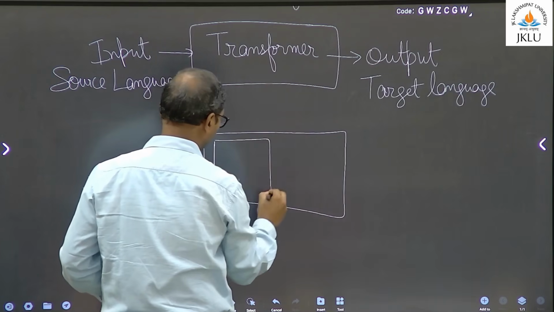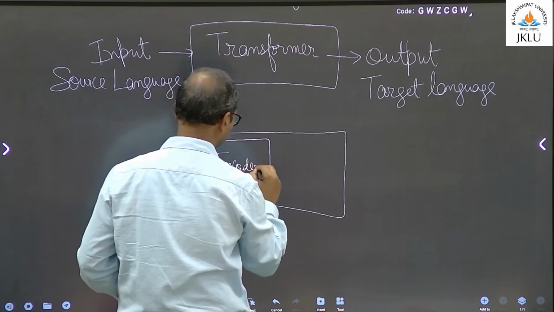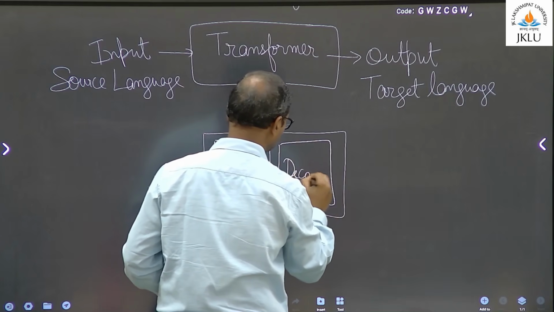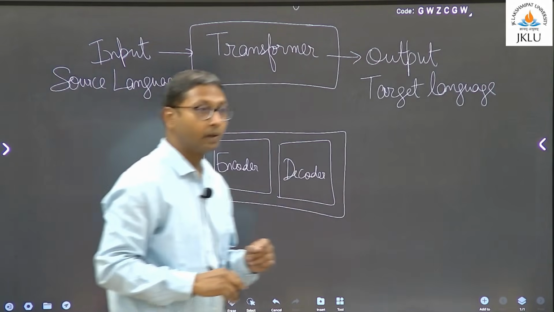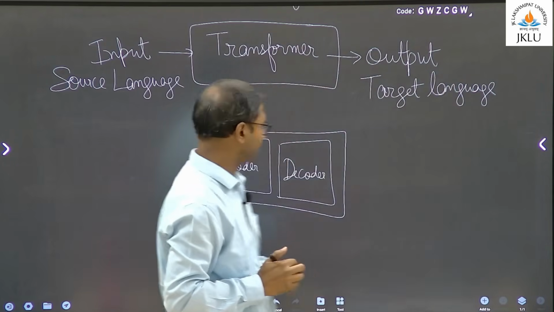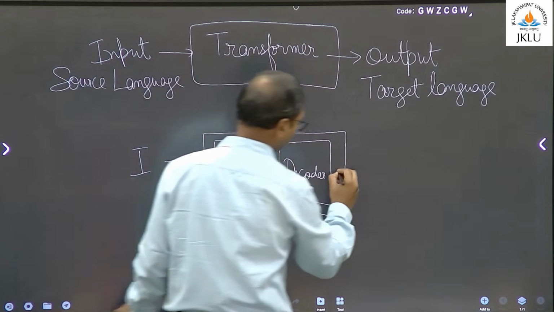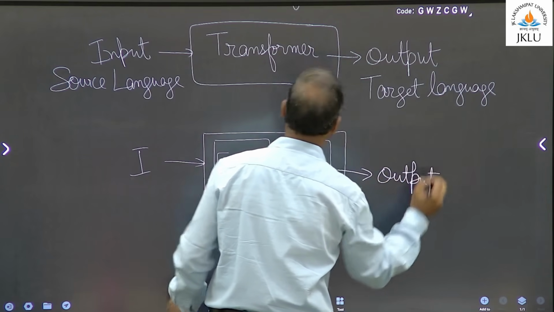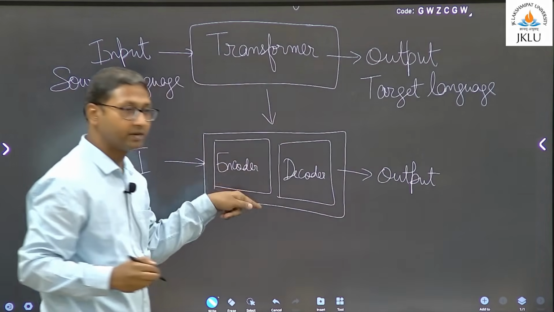So this whole transformer is nothing but an encoder and a decoder. Even the transformer is an encoder decoder architecture, but it does not use LSTMs, it does not use RNNs. So again you have an input and an output.